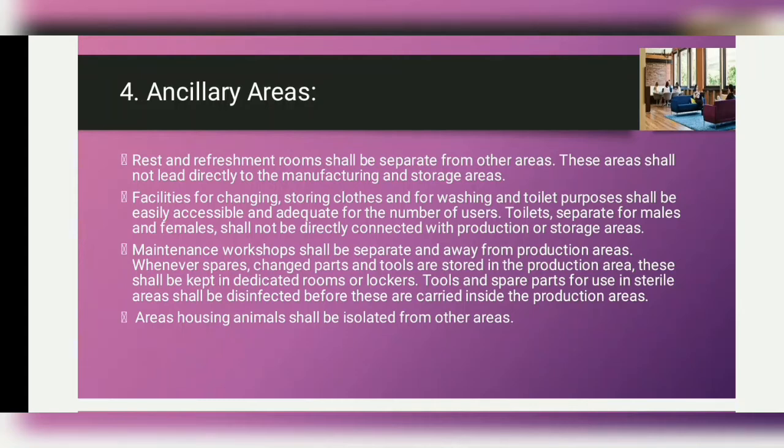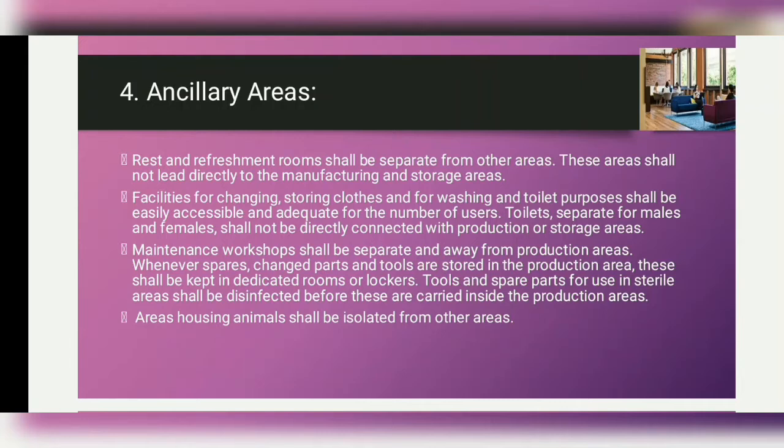So what are the GMP requirements of ancillary areas? Rest and refreshment rooms must be separate from other areas, and these areas must not lead directly to manufacturing area. Also, facilities for changing and clothes washing and toilet purposes must be easily accessible and adequate for the number of users.